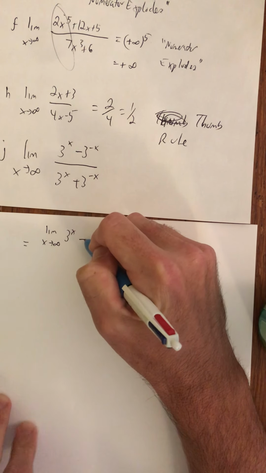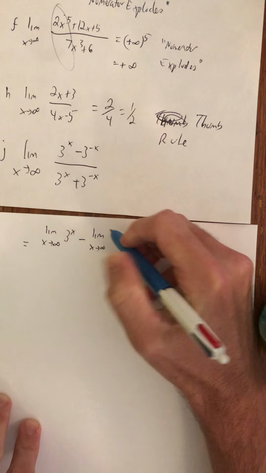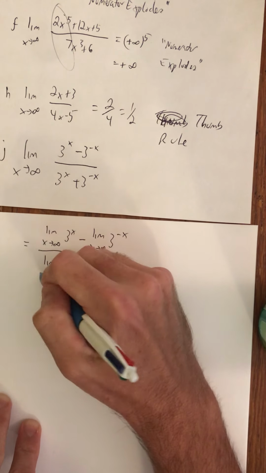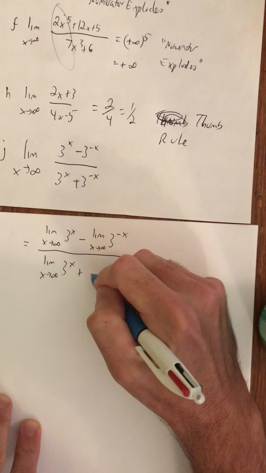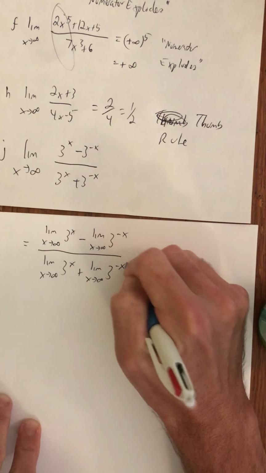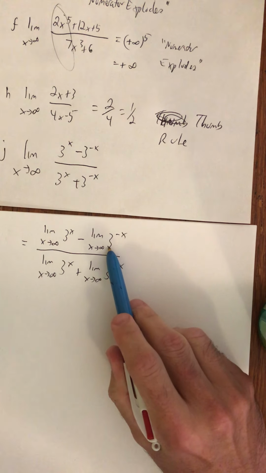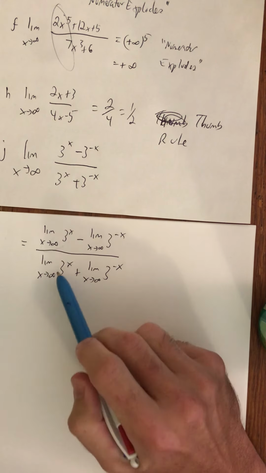So then this is minus the limit as x approaches infinity of 3 to the negative x over the limit as x approaches infinity of 3 to the x, plus the limit as x approaches infinity of 3 to the negative x. So now when we look at this, 3 to the x would go to infinity, this would go to infinity.